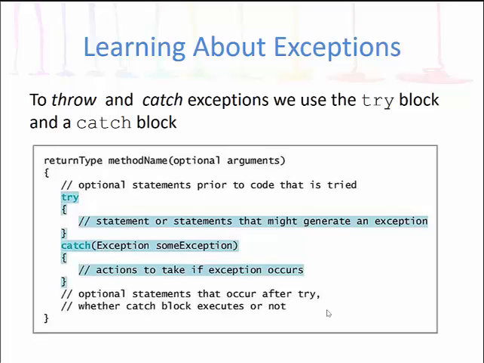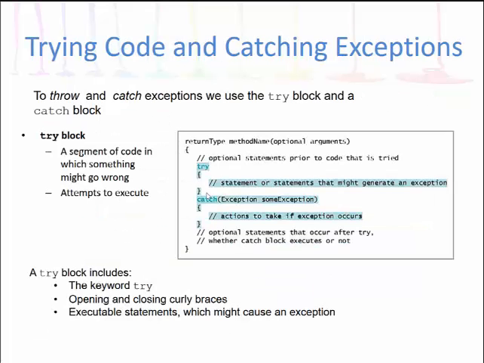So this is how we can catch or test for errors. We call this a try-catch block. We'll look at this more in detail, but here is a try block. In the try block, these are statements that we want to test to see if they're going to throw an error.